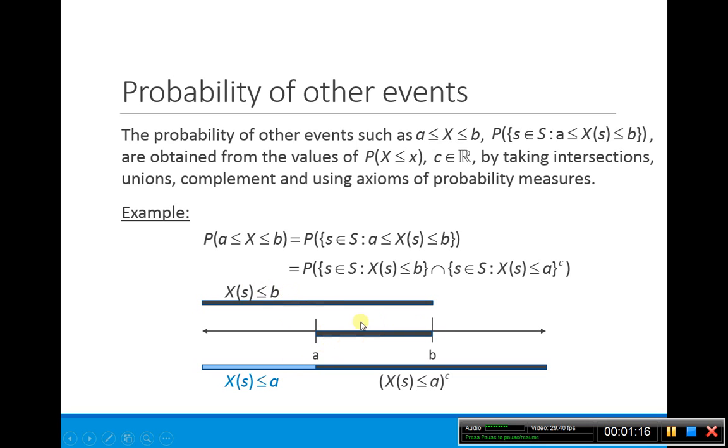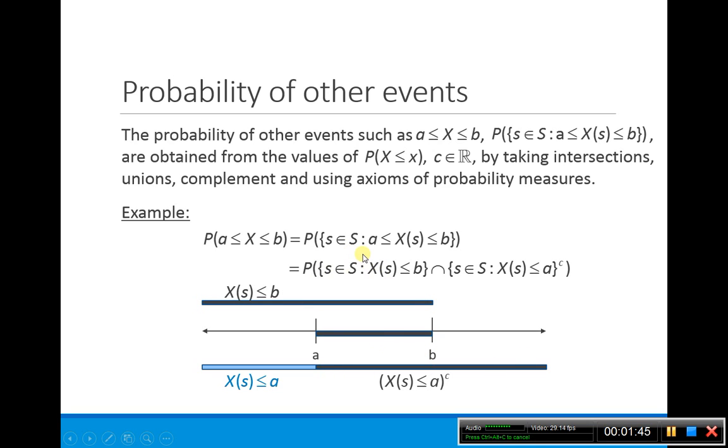Okay, so how do we get this part here? Well, we can take X less than or equal to B, this is this part, but what we want to do is cut off this part, right? So this blue line here is the complement of capital X less than or equal to A. So we can say that this interval, A to B, is the intersection between this set of numbers and this set of numbers.